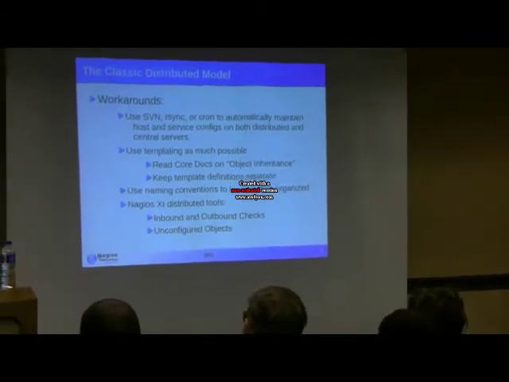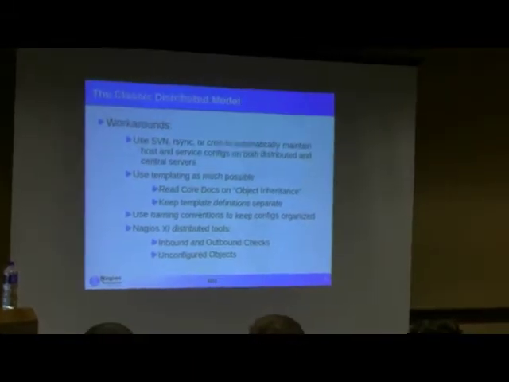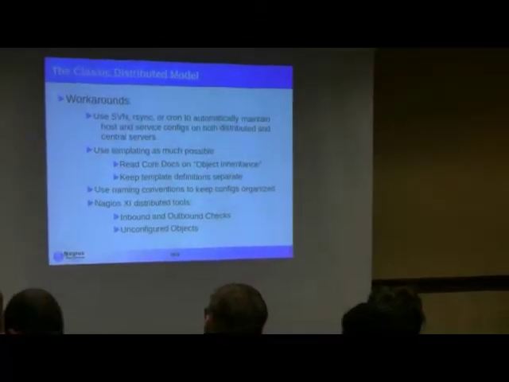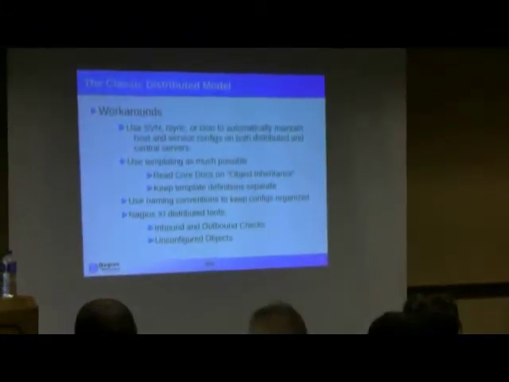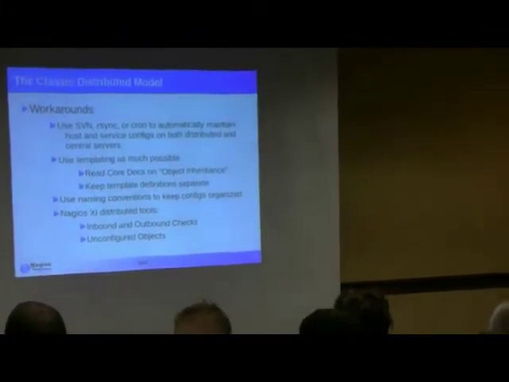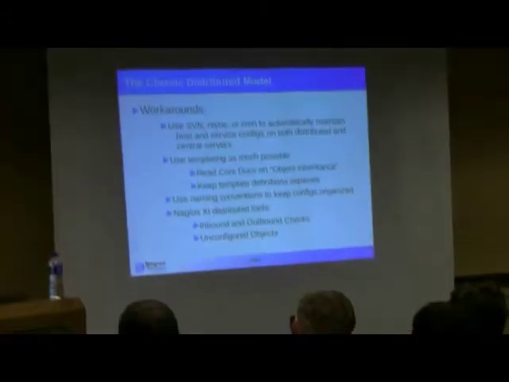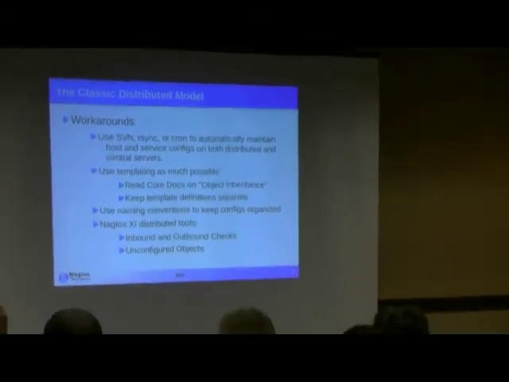On your passive server, you can apply a template that says passive settings, with a setting that is not synced with anything, where active checks enabled is 0, and on your distributed server, you can have them enabled. You can apply just a single configuration directive to a host or service through a template.